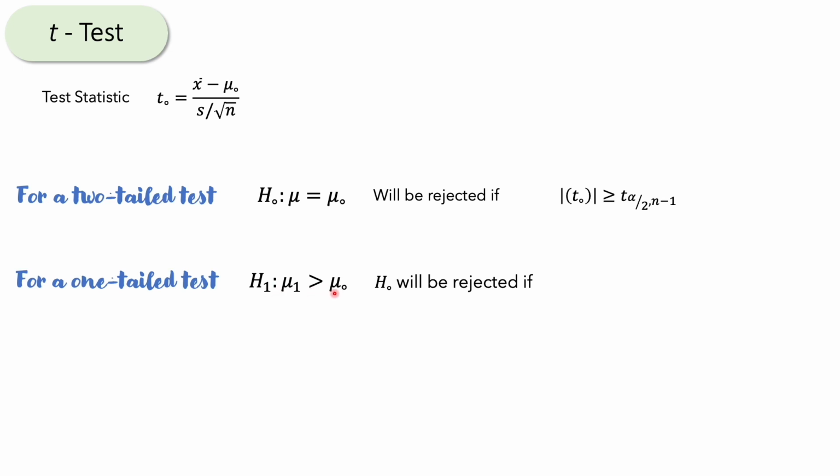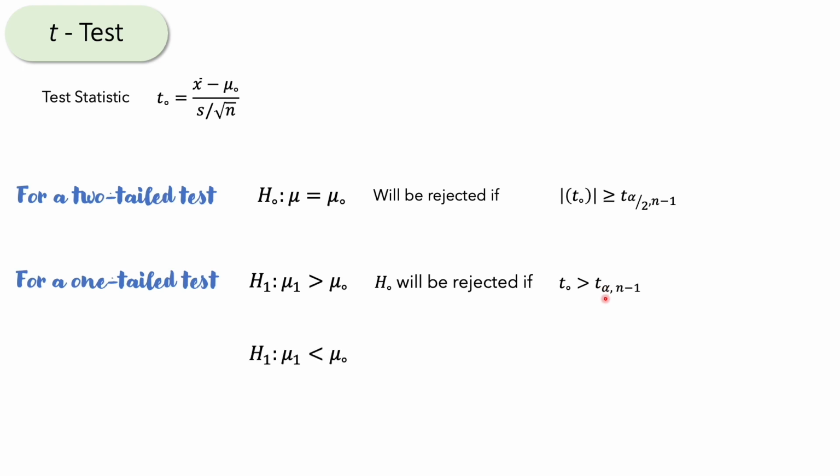So if mu1 is greater than mu naught, then H naught, the null hypothesis, will be rejected if the T statistic is larger than T alpha, n-1. So this one is not alpha over 2, this one is alpha. So for two-sided or two-tailed it is alpha over 2, and for one-sided it is alpha.